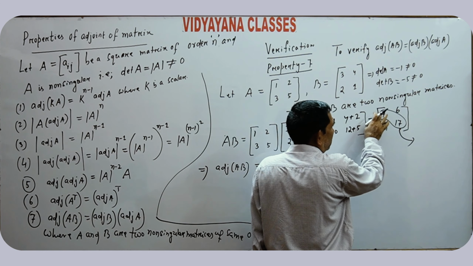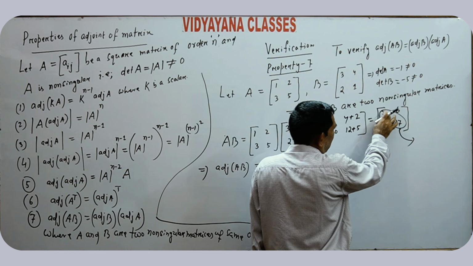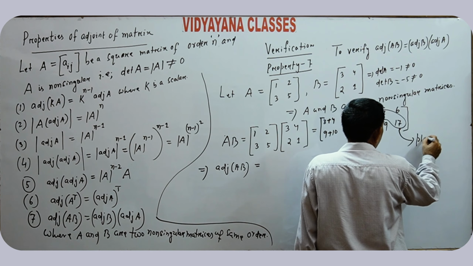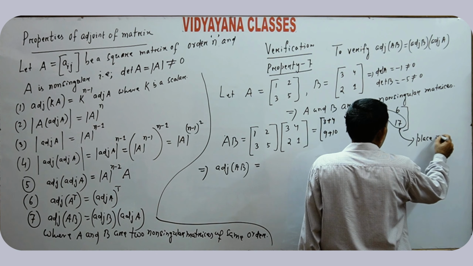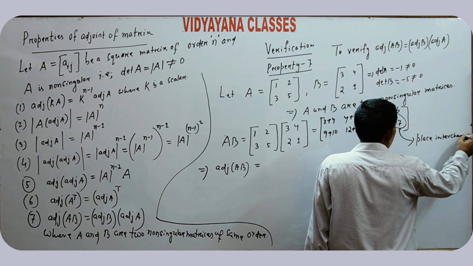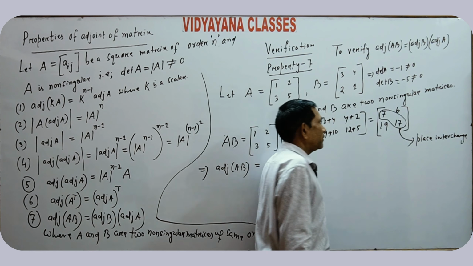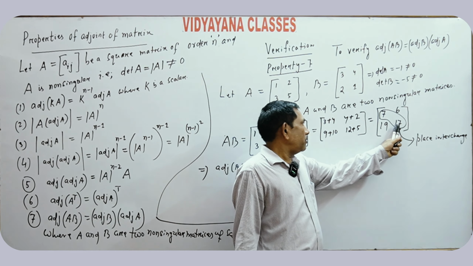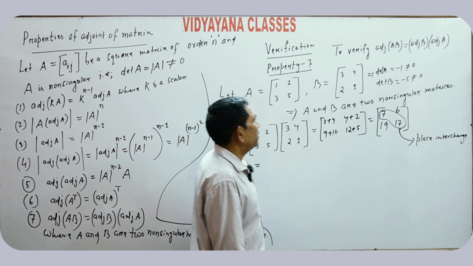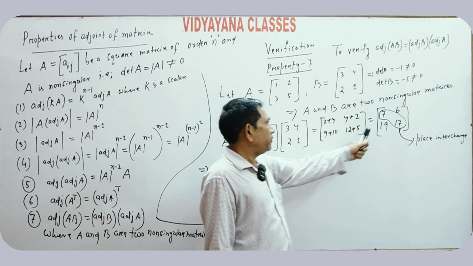The diagonal elements are placed interchanged. 7 and 17 are the diagonal elements.